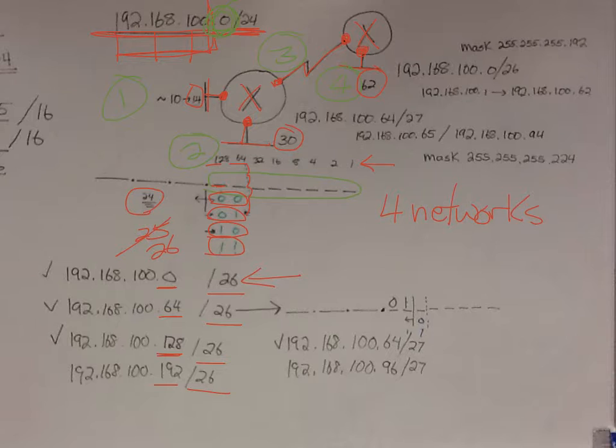Okay, so we took this address right here, /26, that has these 6 bits here available, 64 minus 2 for the network and the broadcast, that gives us 62.